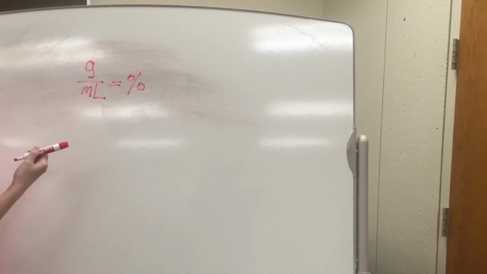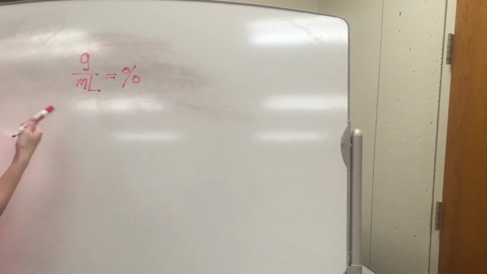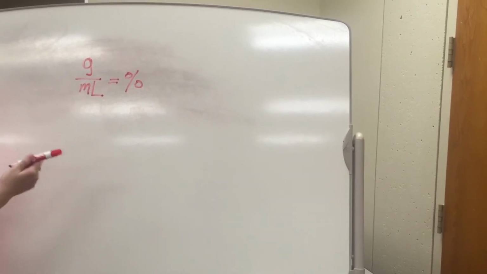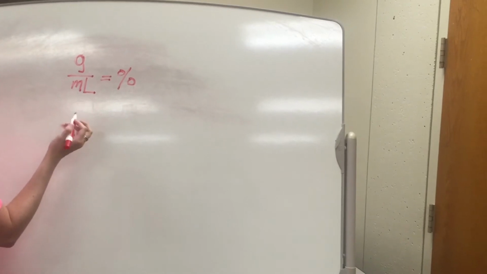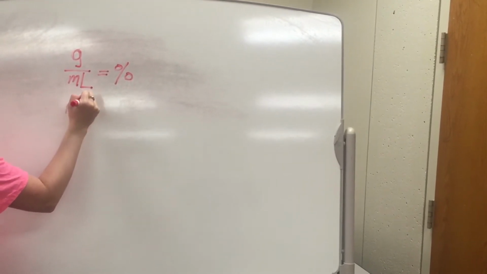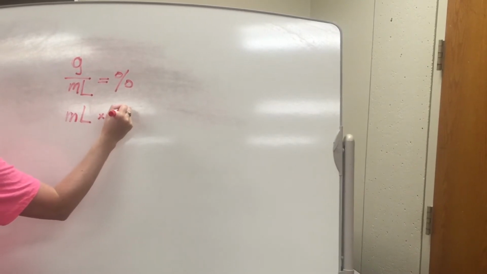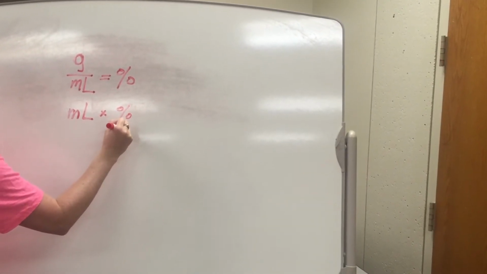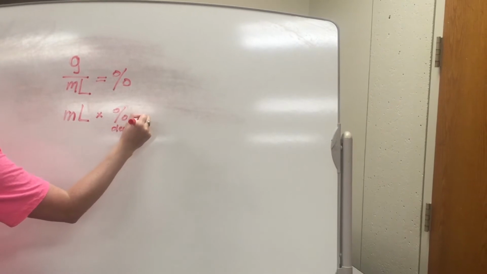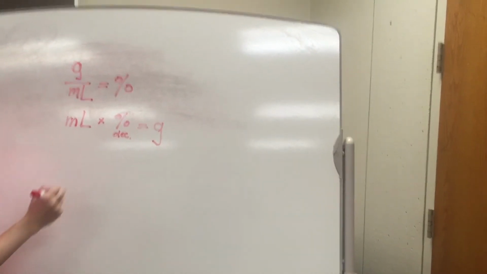If your problem is asking for the number of grams, then you can rearrange based on what you're looking for. For example, you can use milliliters times your percentage, expressed as a decimal, and that's going to equal your grams.